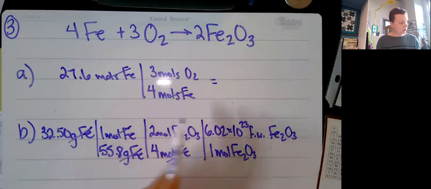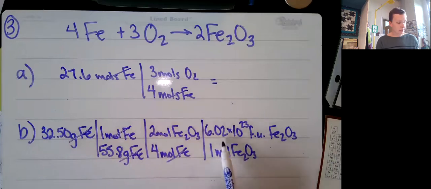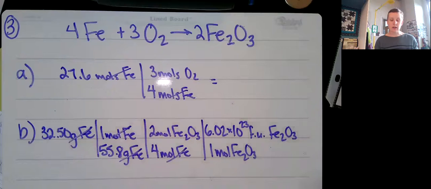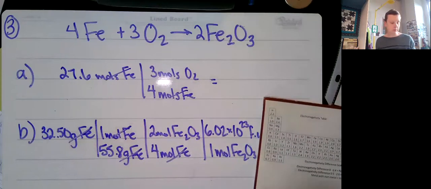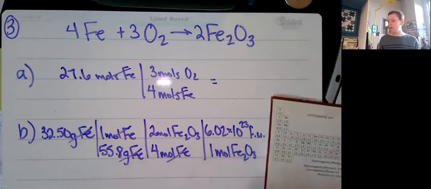This one also gets limited to 3 sig figs because of Avogadro's number and the molar mass of iron. So we end up with 1.75 times 10 to the 23rd formula units of iron oxide. All right, that's number 3.